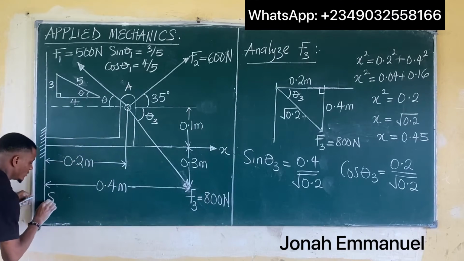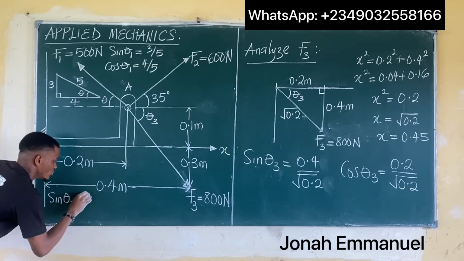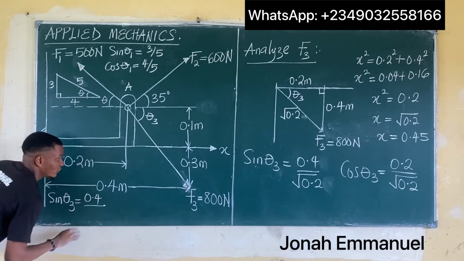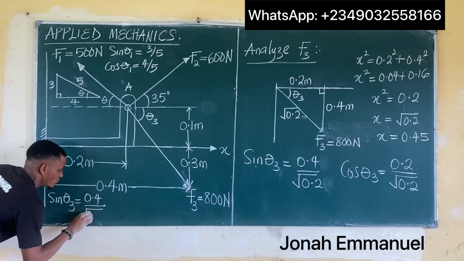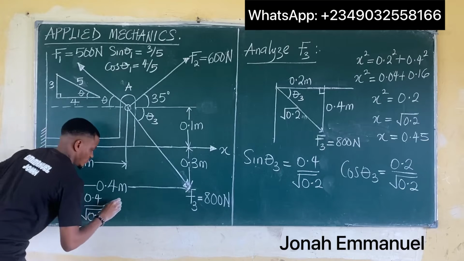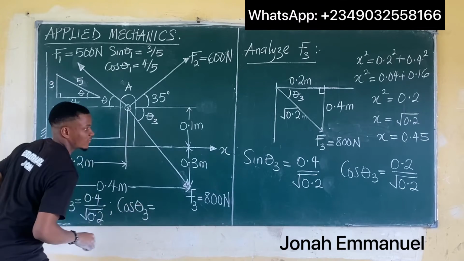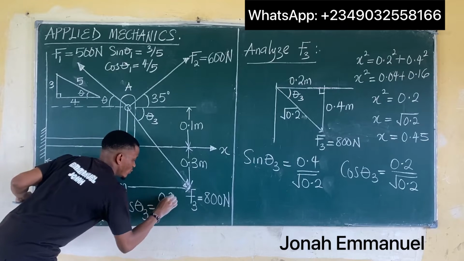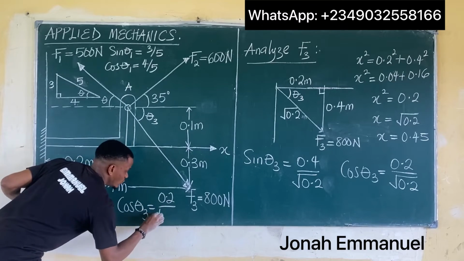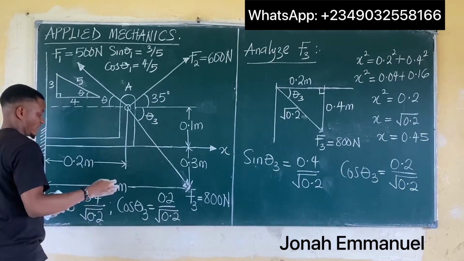Alright, let's write down this value. We said sine theta 3 is equal to 0.4 all over root 0.2, and also cos theta 3 is equal to 0.2 all over root 0.2. Alright, so we have this.